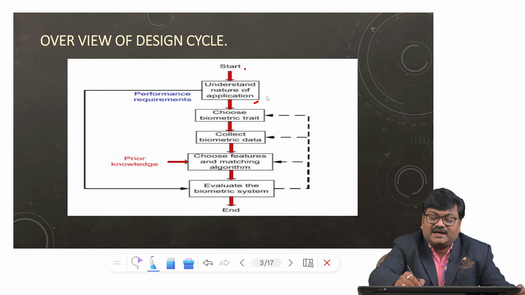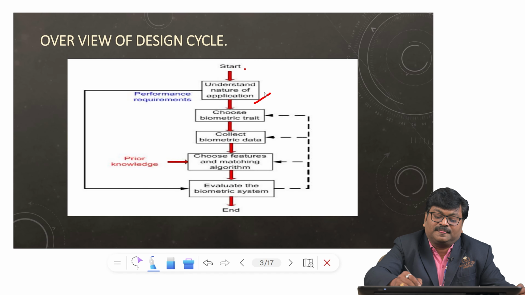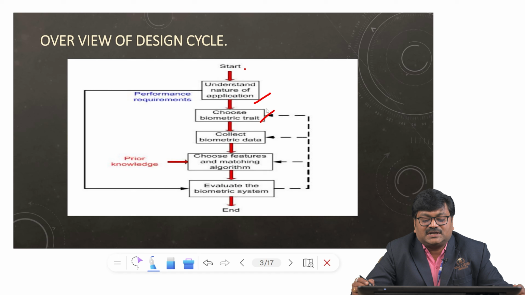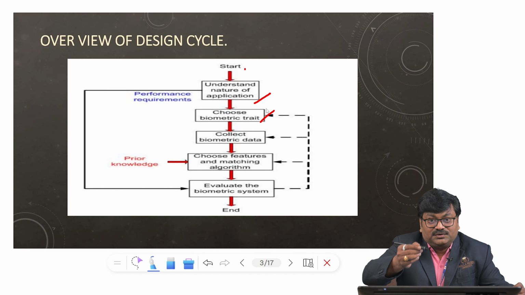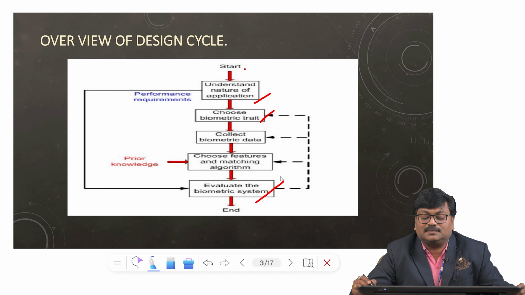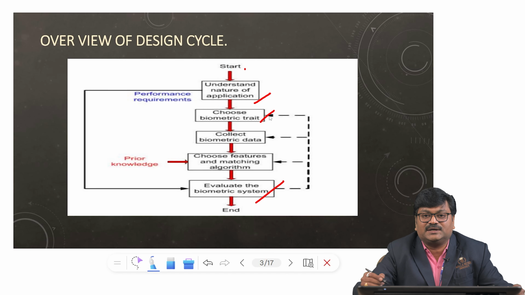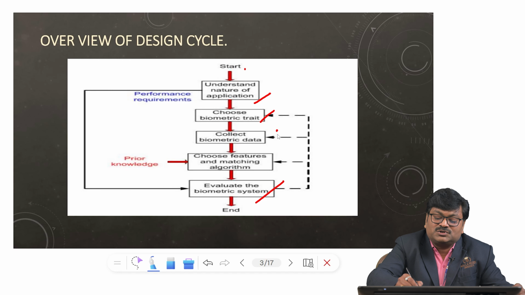Second, we go with the application where I want to use this biometry. Then the next step is choosing the biometric trait. And earlier we said the last step is evaluation. But between choosing the biometric trait and the evaluation, we will come across two more steps.